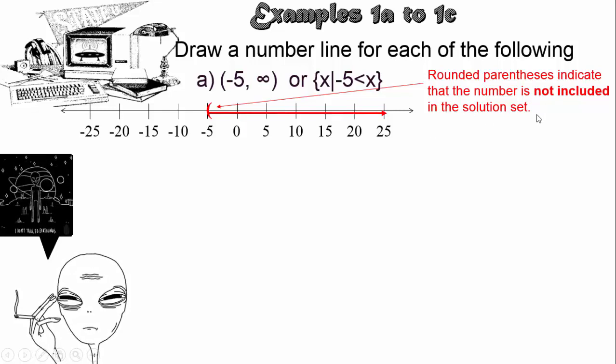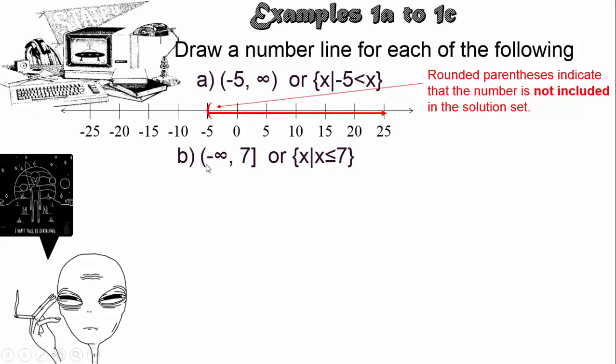And then finally, I start this with a rounded parenthesis indicating that the number is not included in the solution set. In example B, I have round bracket -infinity, 7 square bracket, or in set builder notation, it would be curly bracket x, where x is less than or equal to 7, close curly bracket.